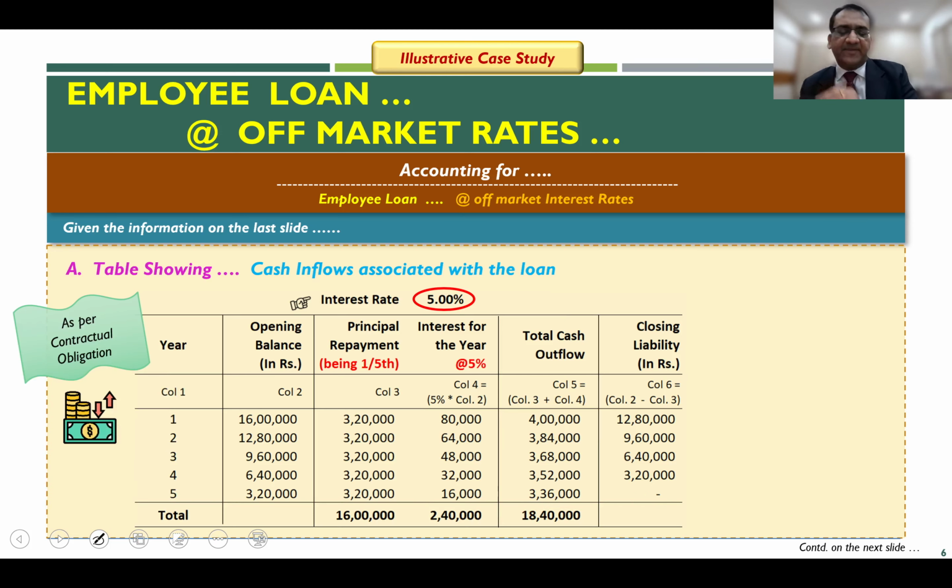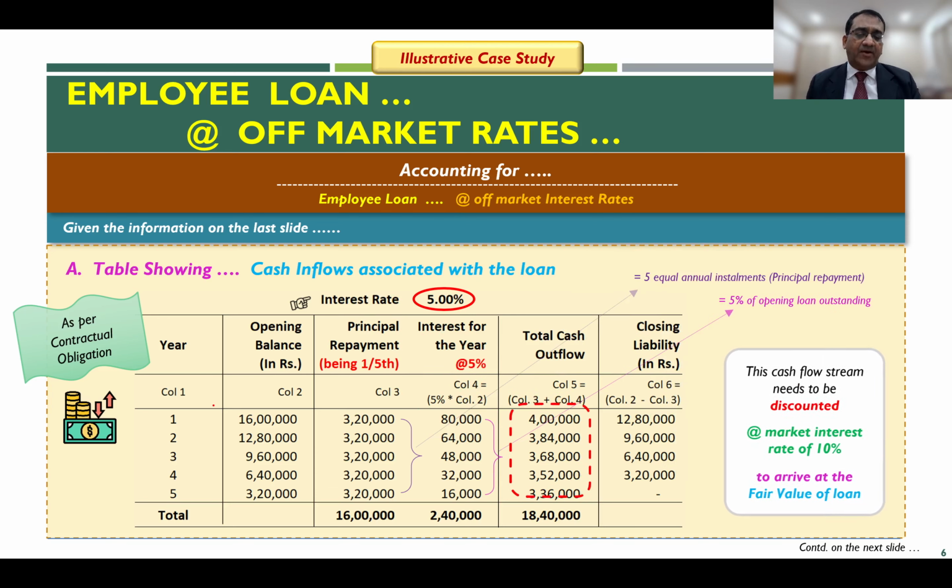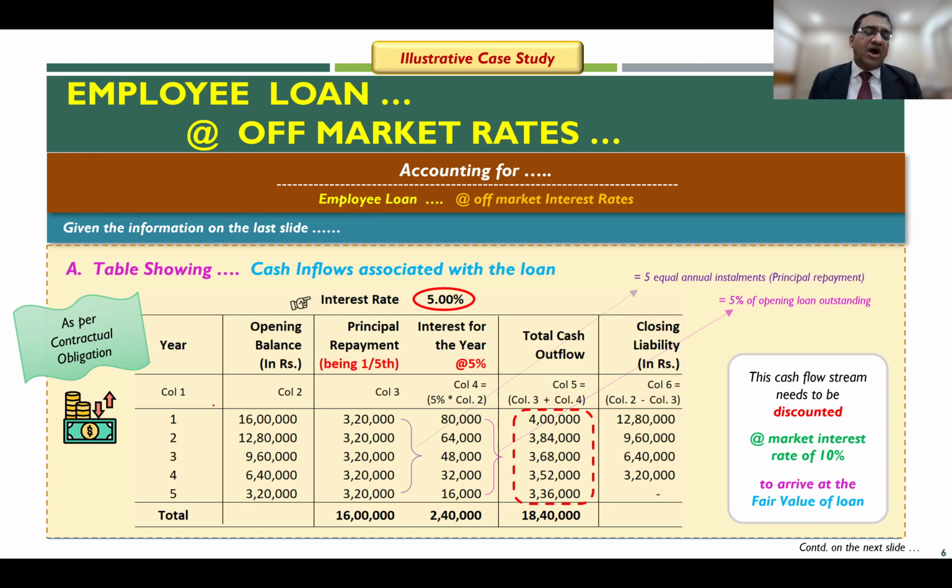Now, if you see this table carefully, what is happening? We have already seen 320 is your 5 annual equal installments of the principal, and this interest is 5% of the opening balance, your interest obligation for each year. Now, this total cash outflow is 18,40,000. What is 18,40,000? The sum total of all of these numbers, which we computed here in column number 5.